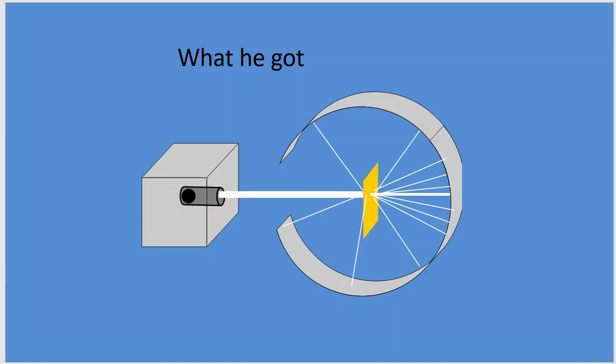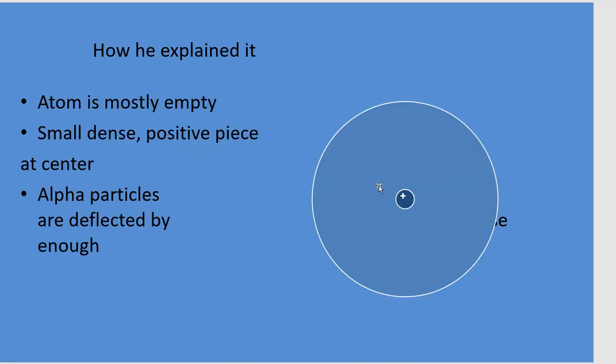And so what must be going on there? Again, remember, this beam is full of positively charged particles. So to repel the particles, there must be something else that's positively charged doing that, right? Because we know like charges repel. So you have the very small positive nucleus, and if any of the particles were close to the nucleus, they would bend away.